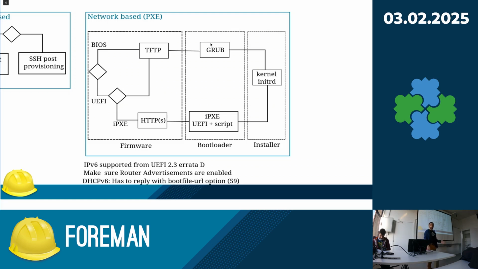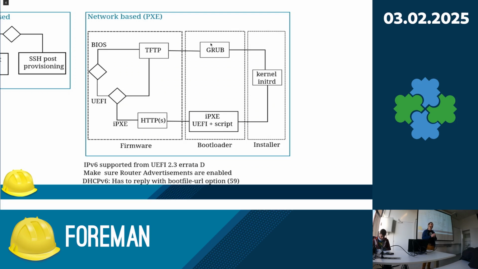And then there is DHCPv6, which again is an entirely different beast from DHCPv4. They have a bit different way of doing things. The most important thing for us in the PXE case is that you have to supply the boot file URL option, option 59 in the DHCPv6 protocol.